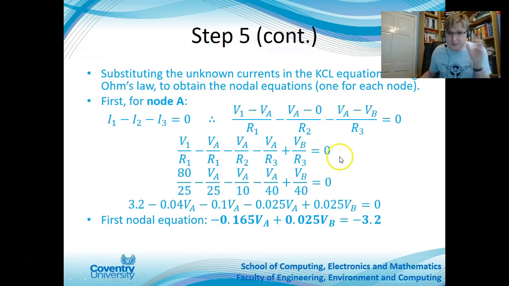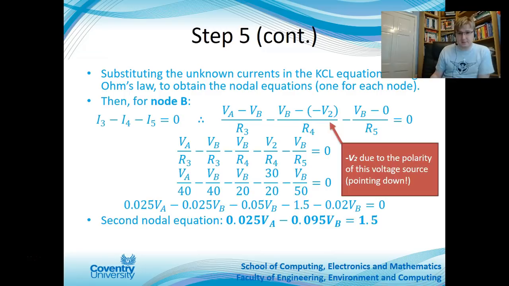Once you've got that, you can substitute your numbers in, collect all your like terms, and get an equation in terms of VA and VB. So when you've collected all your like terms, you should end up with minus 0.165 VA plus 0.025 VB equals minus 3.2. So that gives you your first nodal equation.